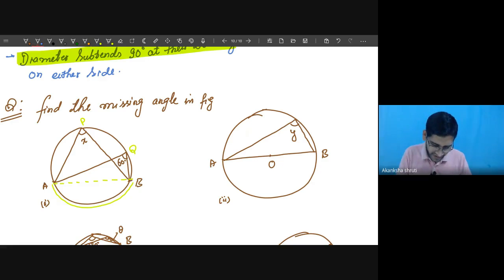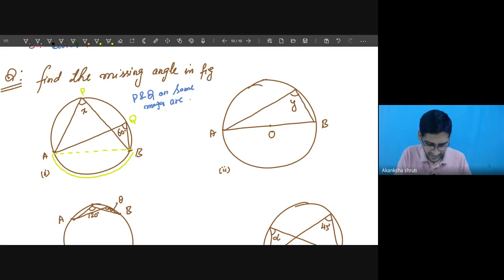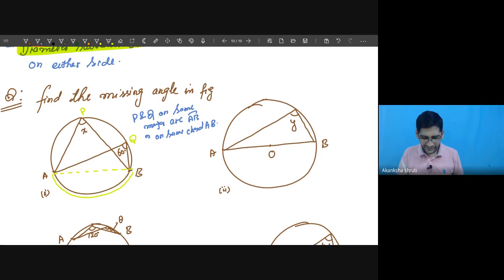So P and Q are on the same major arc AB, or on the same chord, you may consider AB if you join AB by a dashed line. Therefore these two angles will be equal, students. I had just explained, on the same side whatever the angle made, they are always equal.